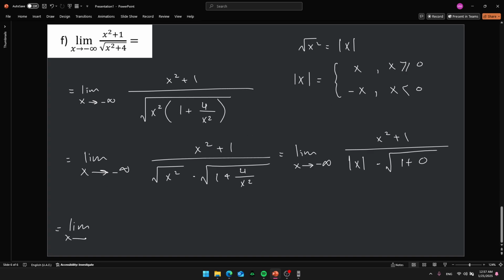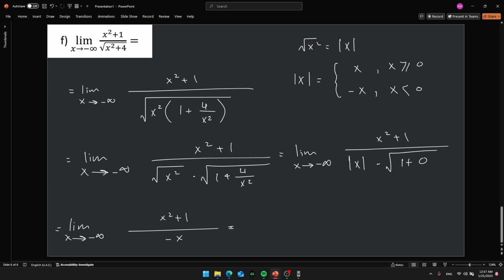So limit as x approaches negative infinity, x squared plus 1 over negative x, and 1 plus 0 is 1, and root 1 is 1, so negative x in the denominator.